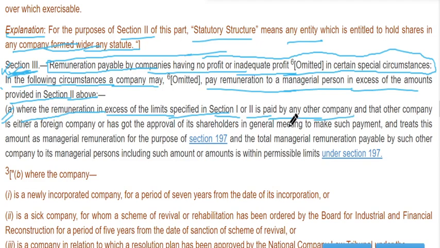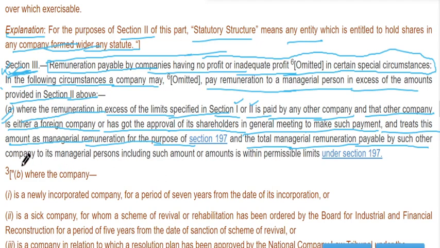Where remuneration in excess of the limit specified in section 1 and section 2 is paid by any other company, and that other company is either a foreign company or has got the approval of its shareholders in general meeting to make such payment, and treats this amount as managerial remuneration for the purpose of section 197, the total managerial remuneration payable by such other company to its managerial persons, including such amount, is within the permissible limit under section 197.